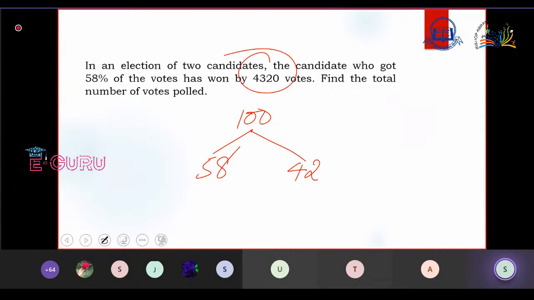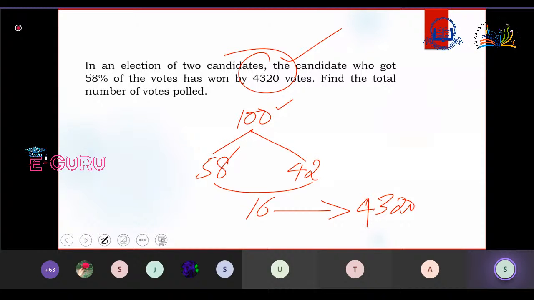The majority means their difference, right? So here we will get the difference as 16, but the actual difference is 4320. So we can compare our 16 units representing 4320, right? When we took 100 as the total voters, we get the majority as 16, but the actual majority is 4320.